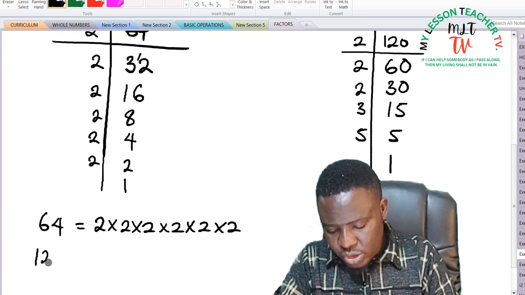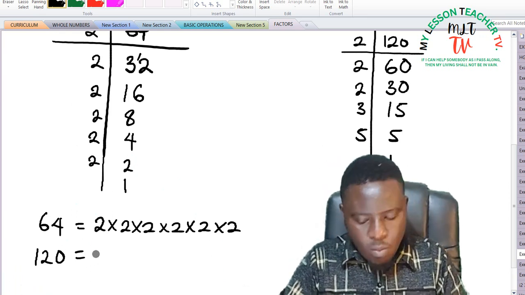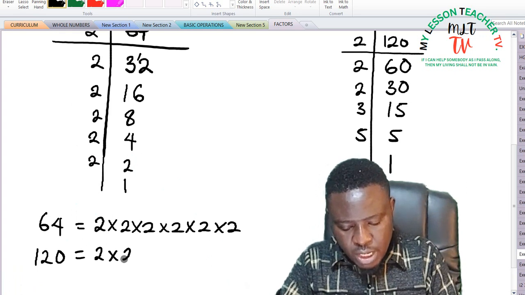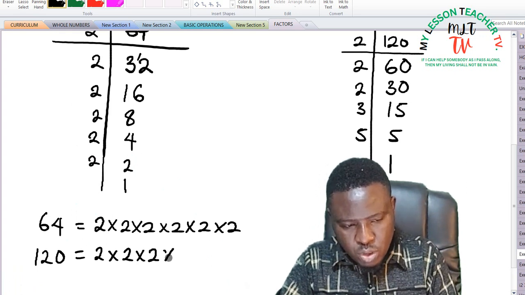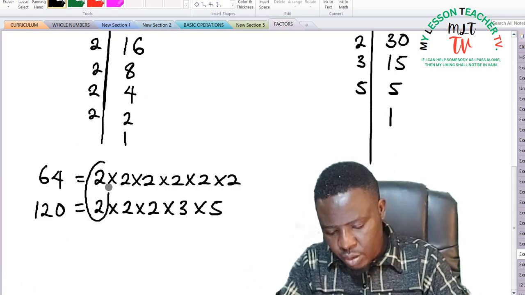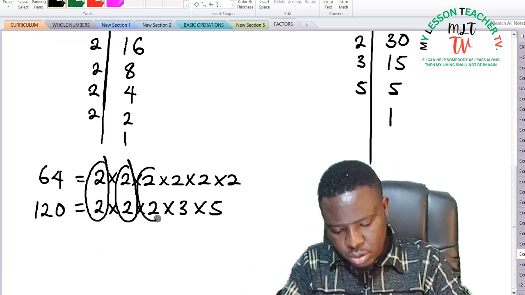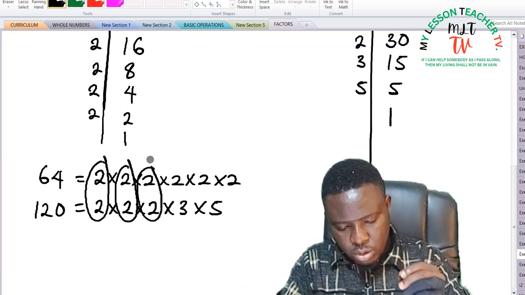So expressing 120 as the product of its prime numbers is 2 times 2 times 2 times 3 times 5. So let's look for the common factors. 2 is common. 2 is common. 2 is also common.